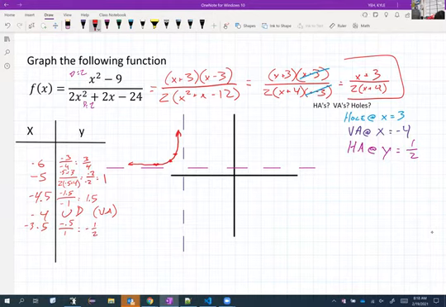So -3.5 is -1/2. -3 would give us 0 over 2, which is just 0. -2 would give us 1 over 4, so 1/4.